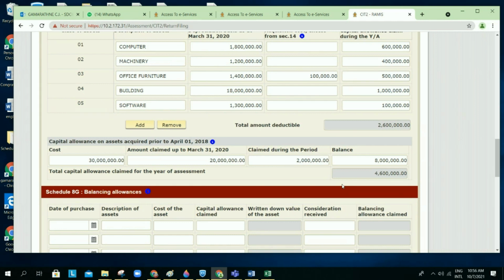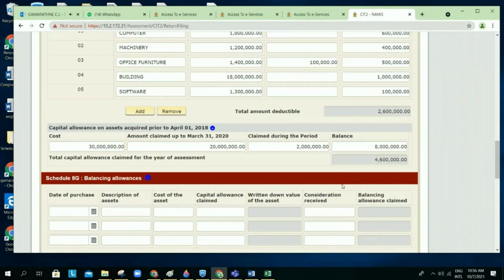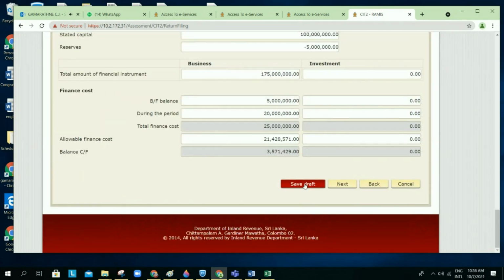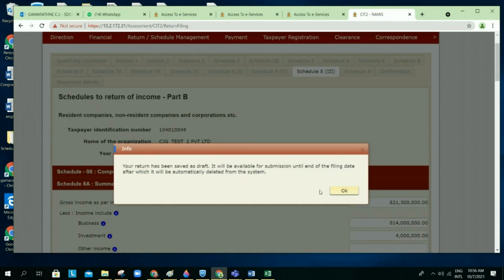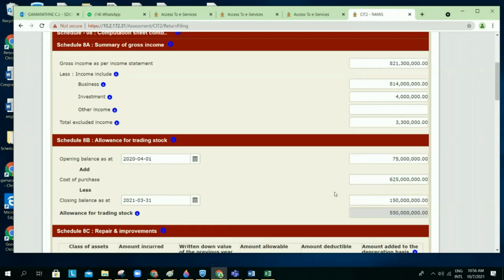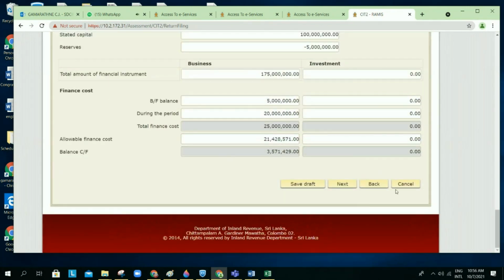Finally, the total capital allowance claimed during the period should be reflected in the total amount deductible from the first table and the amount claimed from this second table. Altogether 4.6 million we can identify here, and now we can move into Schedule 8 and see whether this value is reflected on Schedule 8.